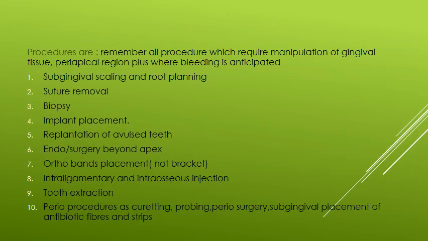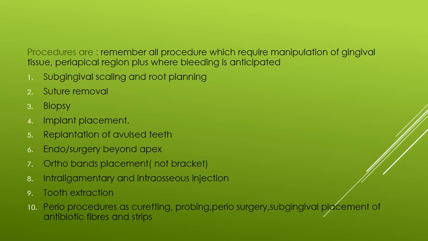Moving on to next. Now we have certain procedures which require the use of antibiotic prophylaxis. It is recommended for dental procedures which involve manipulation of gingival tissue, the periapical region, and where you anticipate there will be bleeding involved. In those procedures, you will choose antibiotic prophylaxis.